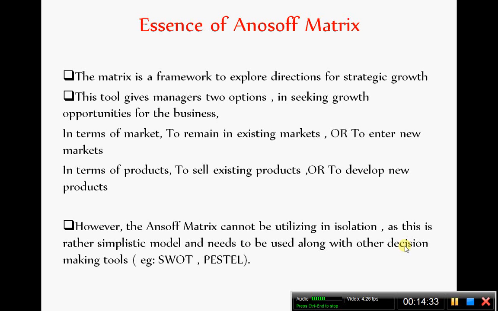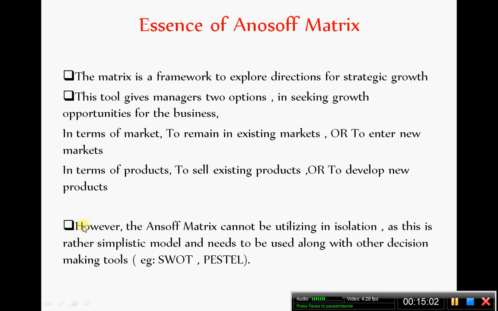It is the most commonly used model for analyzing the possible directions that a business should undertake. This tool also gives managers two options in seeking growth opportunities for the business: in terms of market, to remain in existing markets or to enter new markets; in terms of products, to sell existing products or to develop new products.